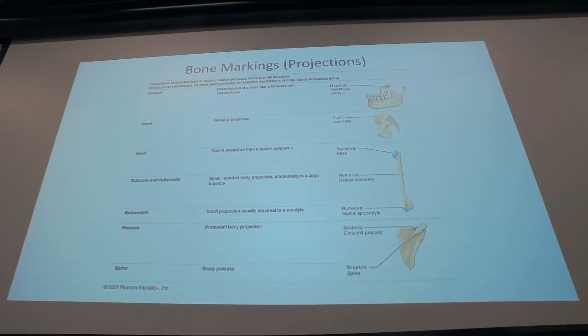And then a spine, it's a sharp process. So our scapula also has a spine that is called the scapular spine. Like if you touch that bone and then that bony projection that you feel there, that's the spine of the scapula.